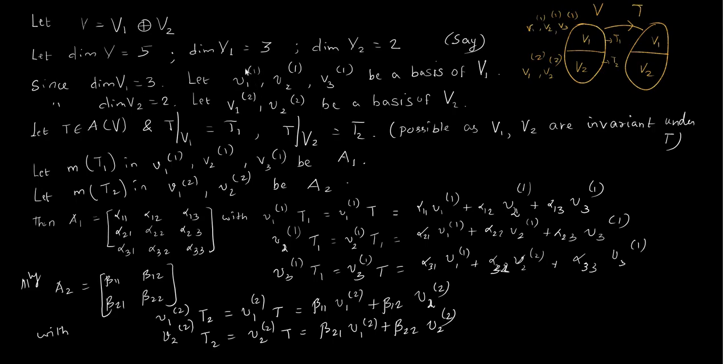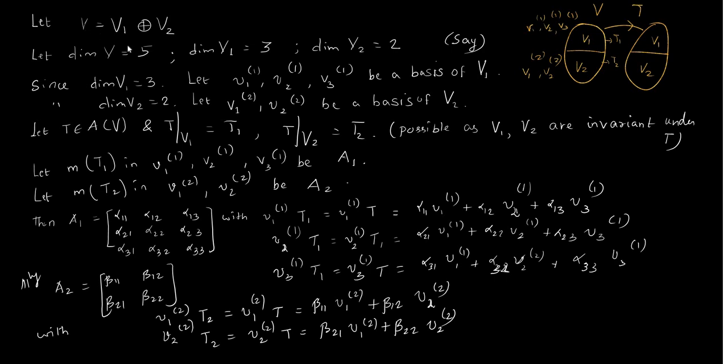For the first one, we superfix with 1, and for the second one, we superfix with the number 2. So according to our assumption in the lemma, V must be a direct sum. So that's what we have written. What are V1 and V2? They are subspaces of V invariant under T. All these are our assumptions.